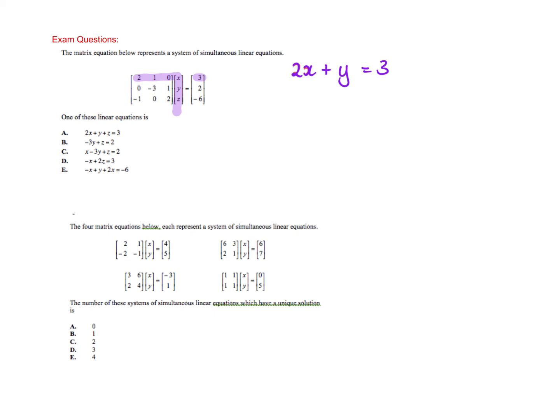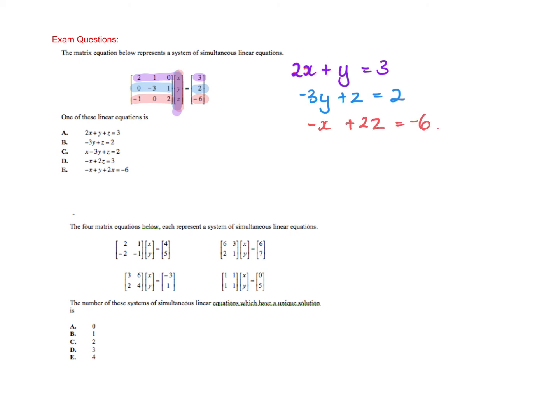Now if I did this row by this column equals that, then this one will be -3y, because there's no x, plus z equals 2. And if I did the last one, that row by this column equals that, it would be -x plus 2z equals -6.